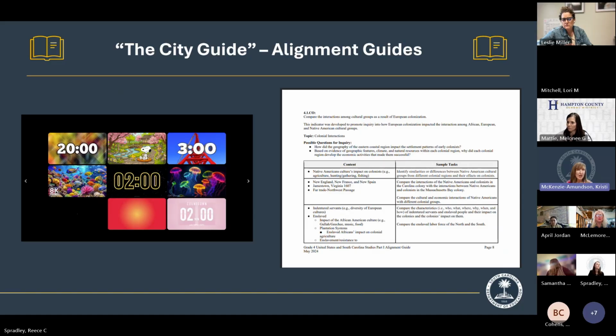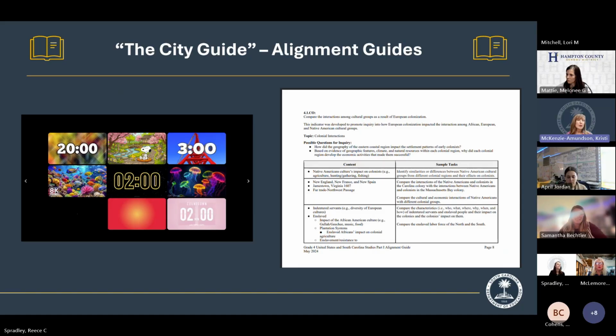It is the same content, but sometimes the content lists are reorganized or just chunked differently. You'll also see there were expository narratives that were rather long in some of the older alignment guides, and people still expressed an interest in having access to those. So we just wanted to make sure we left both versions available.